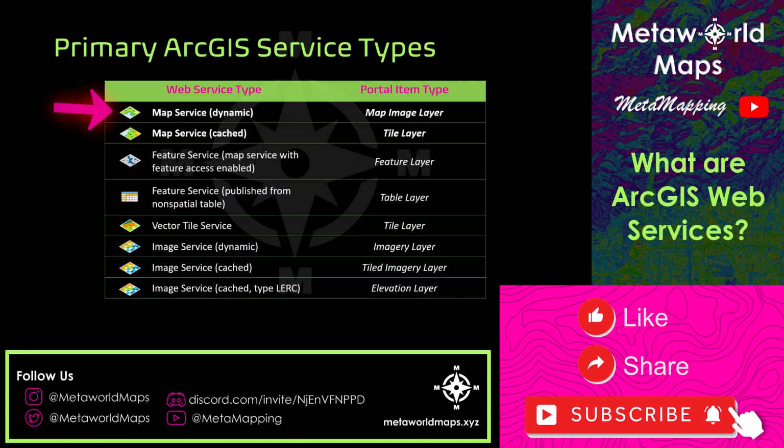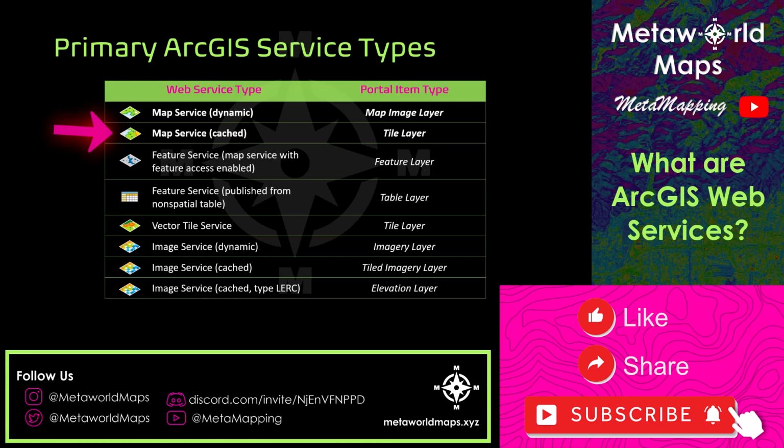So what's the difference between this map service, which is dynamic, and a cached map service? Well, a cached map service serves out pre-cached images that are cached on the server. They are the fastest way to serve out maps over the web.